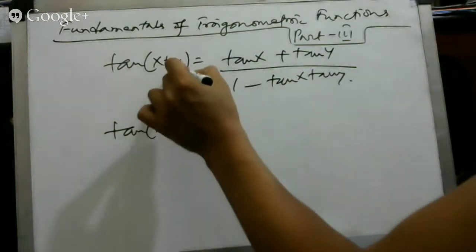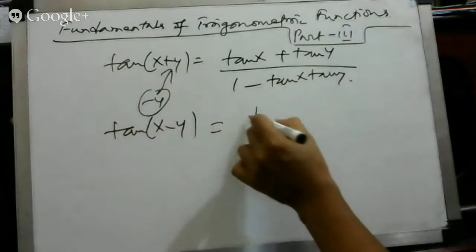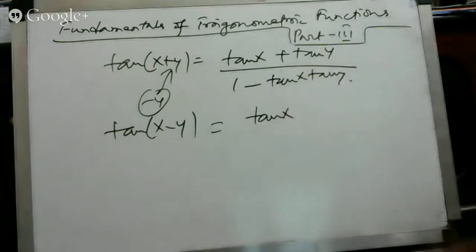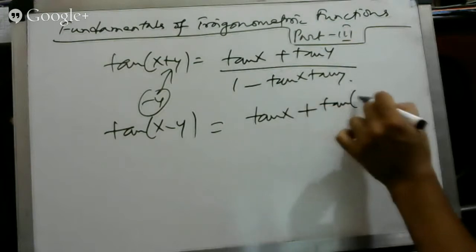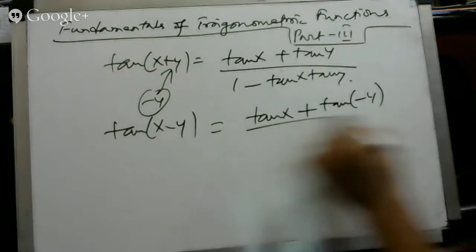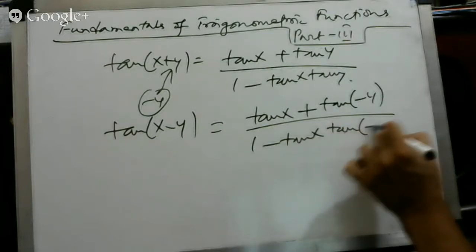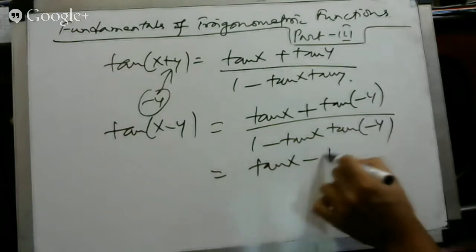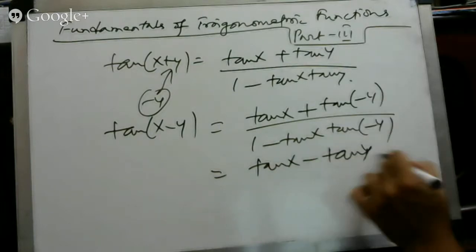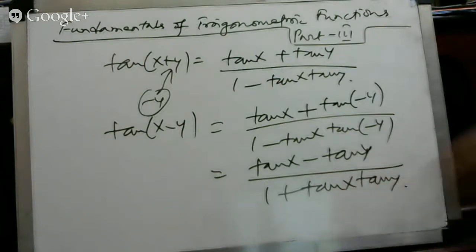What we need to do is replace y with minus y, and we will get tan of minus y, which we know is minus tan y. So we write tan x plus tan of minus y, over 1 minus tan x tan of minus y. Since tan of minus y is minus tan y, it becomes tan x minus tan y divided by 1 plus tan x tan y.